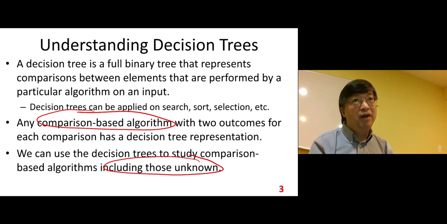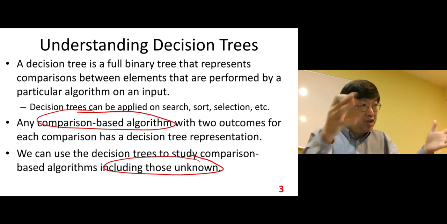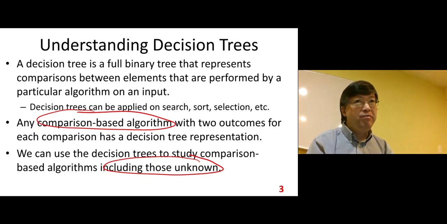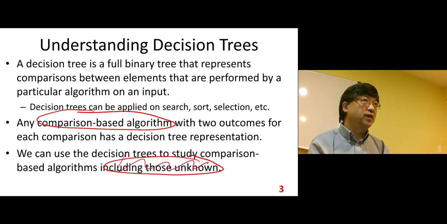So we can study unknown algorithms using common properties. Here, the same thing. We will use the decision tree, because the decision tree will give us common properties of many unknown algorithms. So we can study those unknown algorithms. That's the power of the decision tree method. Very powerful.